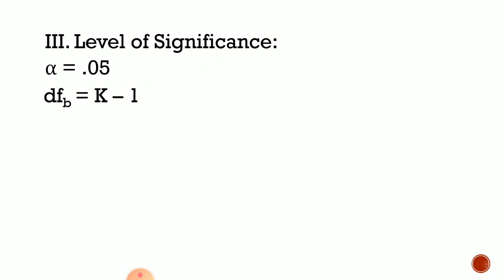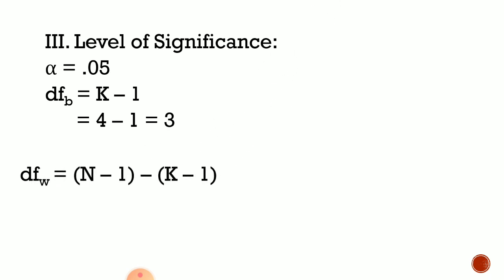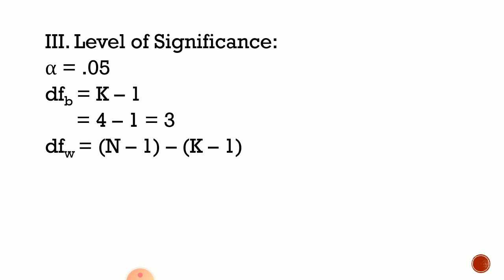Next is the degrees of freedom between groups. That is k minus 1. We have 4 groups, so that is 4 minus 1, which is equal to 3. Then the degrees of freedom within groups is equal to the quantity n minus 1 minus the quantity k minus 1.